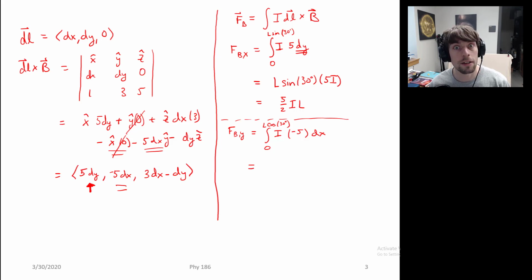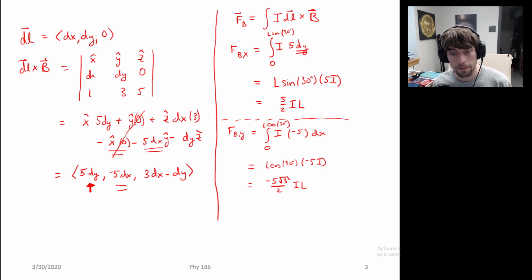And so I and -5 are constants, and I end up with L cosine of 30 degrees times -5I. And of course, in our 30-60-90 triangle, cosine is √3/2. So I have -5 √3/2 times IL.